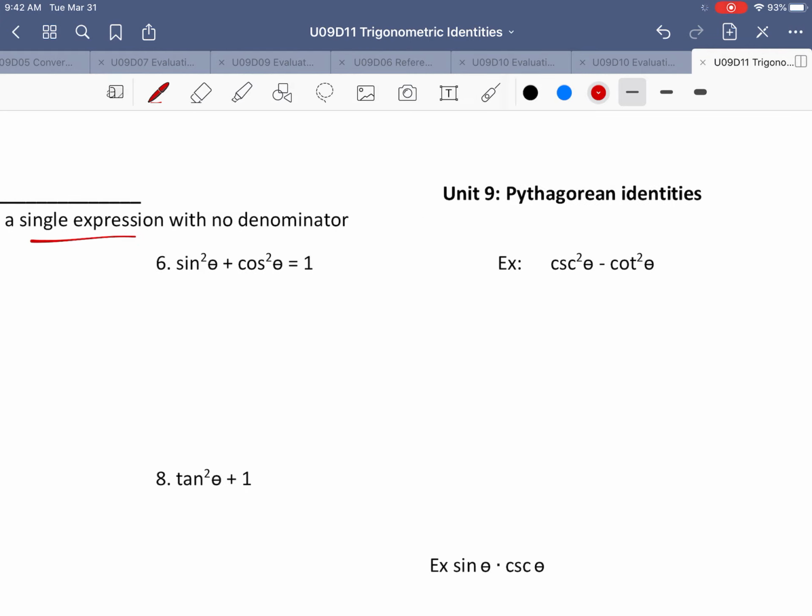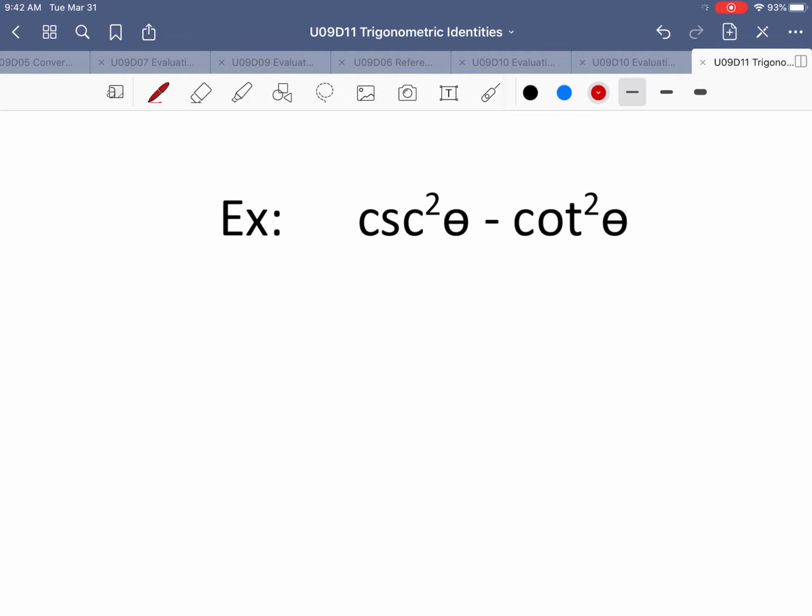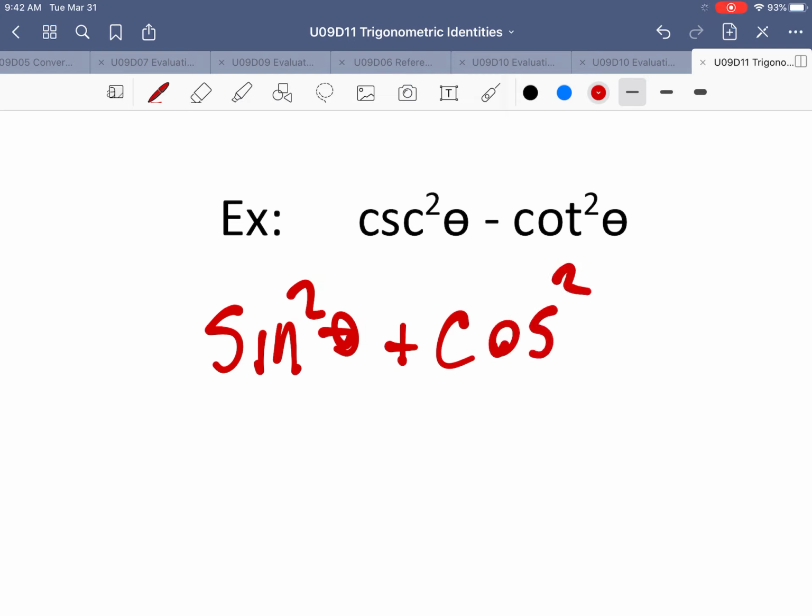So I'm given cosecant squared minus cotangent squared. So I want to write that as a single trig function, or a single trig expression. So I'm going to start with sine squared theta plus cosine squared theta equals 1, and I'm going to change it in such a way where I have cotangent in my problem.